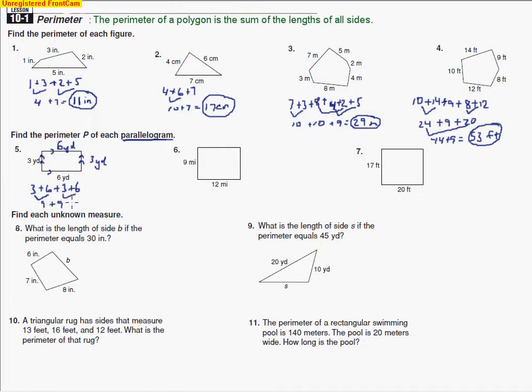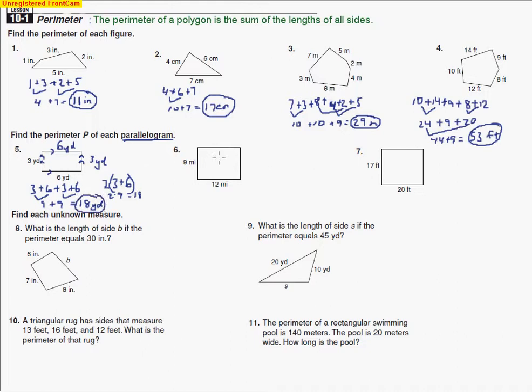Since they make the same number, there's another way to come about that answer. 18 yards is the answer, but since you know it's a parallelogram, you could take the two sides that are different, in this case the 3 and the 6, add them together, and then since we have two other sides that are the same, we could double that sum. Again, you have to add first, and because it's in parentheses, that makes 9. 9 times 2 makes the same number, 18. So two different ways to come up with that answer.